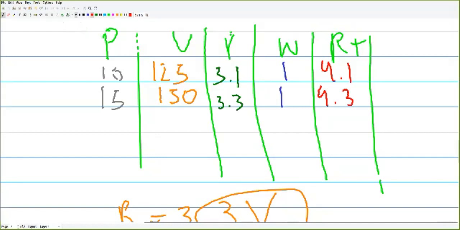So you see in a 5 millimeter of mercury increase, we increase 25 milliliters, 0.2 centimeters. The W here, we take it as a constant, and the total will change accordingly, right?